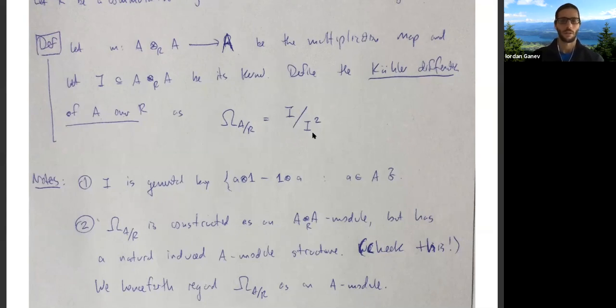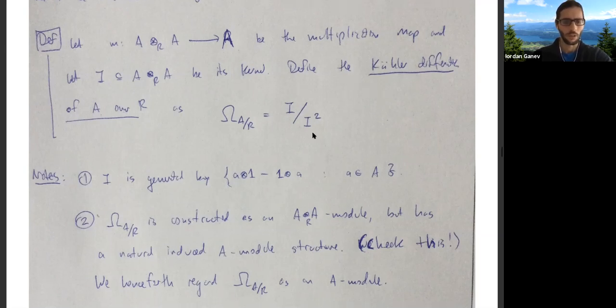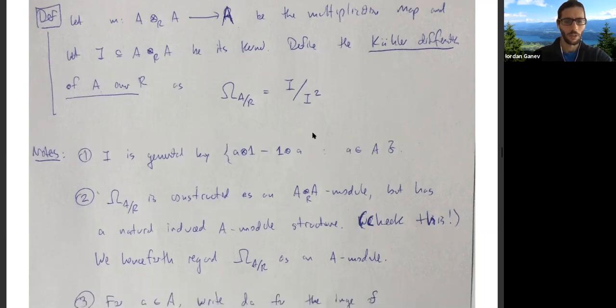So that's the explanation for why the Kähler differentials become a module for just A. And we'll see another definition later on. So we regard omega A over R as an A module.